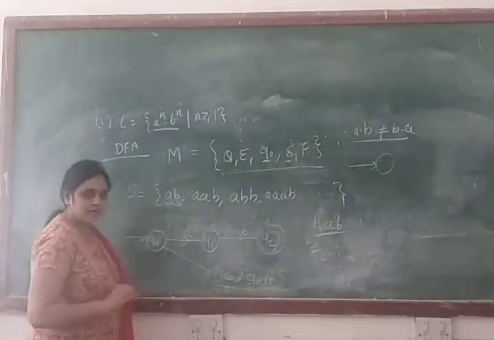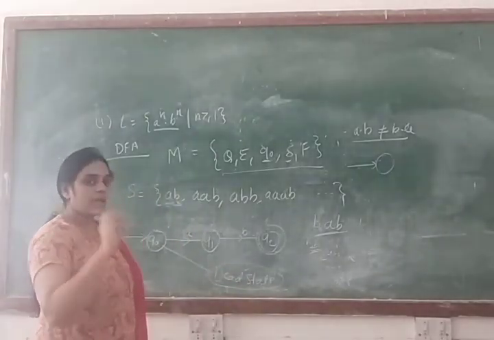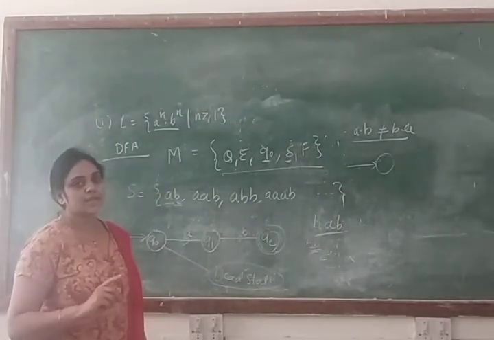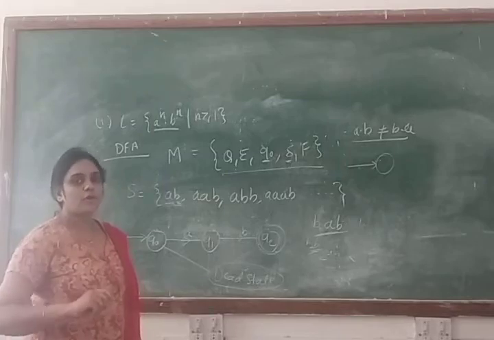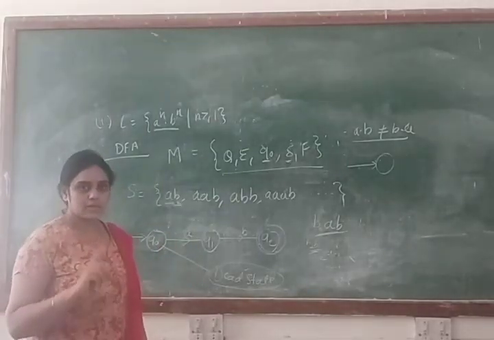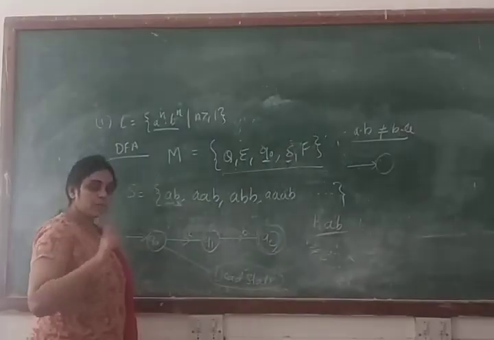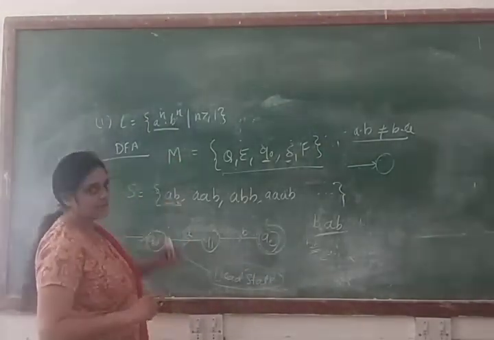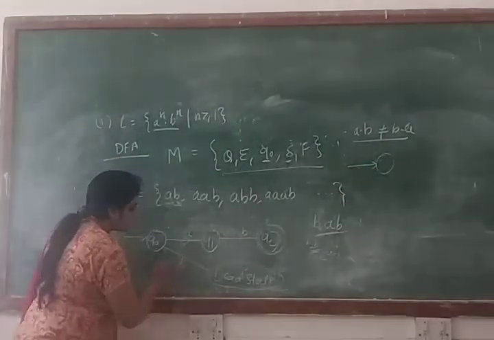This is your dead state. After checking every condition, if you don't have any choice, you will make a transition from the state to the dead state. Clear? Because you have to follow the property of DFA. We are making the machine for DFA and for that language also. Clear? So this is your transition.